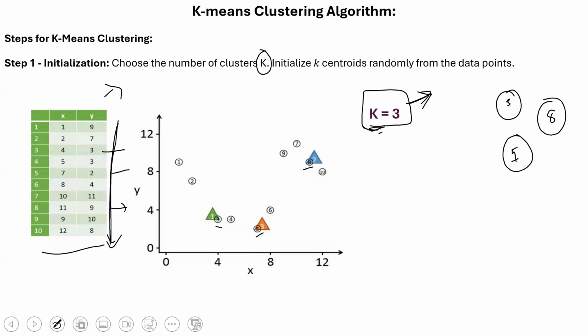The first step is to choose k different points from this data set as centroids of the k clusters. That is step number 1.